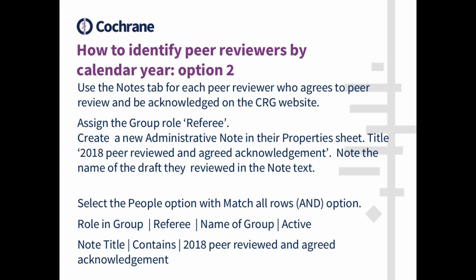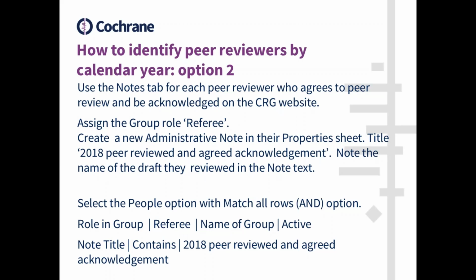You should be aware that you'll have to run a separate search for consumer referees, because this search, if you notice, only identifies peer reviewers, those with the role referee. So if you have consumer referees, you just substitute the role consumer in this search. Also worth remembering, if you want to identify your statistical referees and they have the group role statistician, then you can amend the search in the same way.